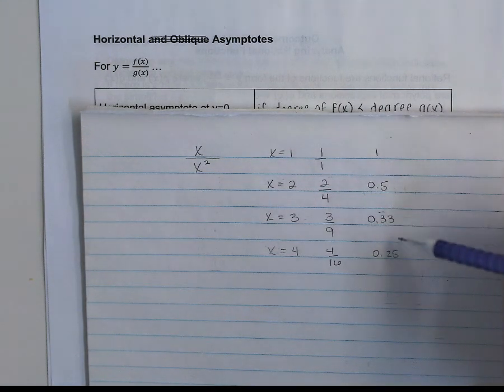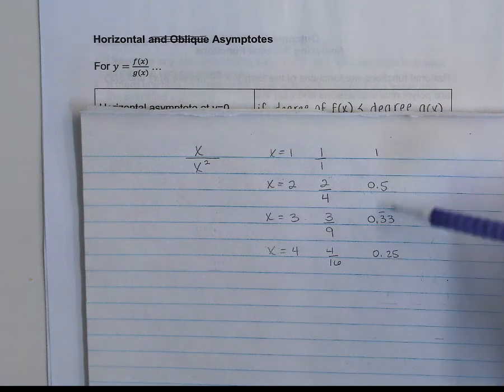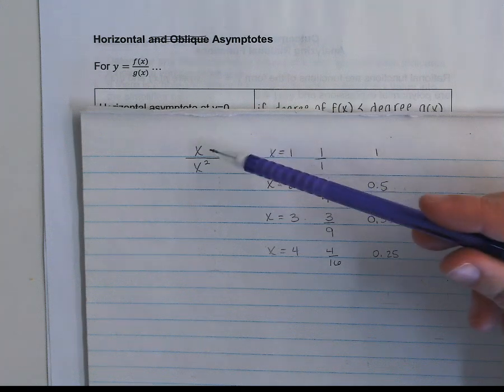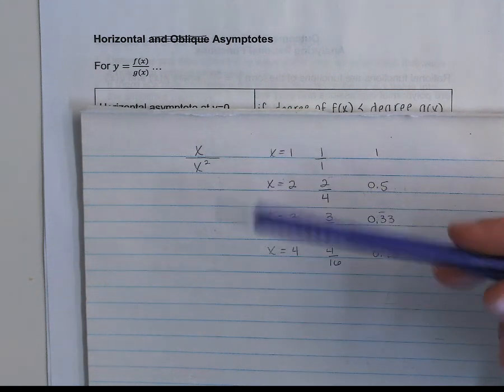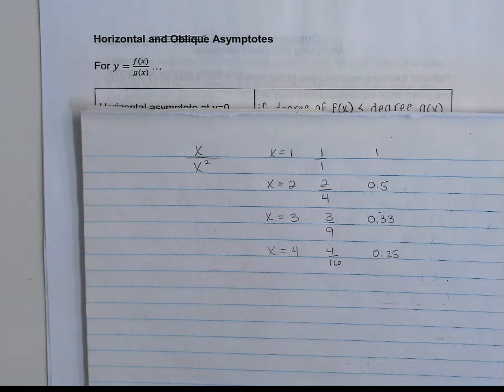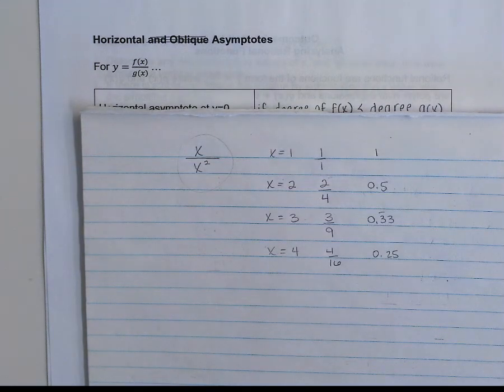You'll notice these values are getting smaller and smaller and smaller. As you continue to increase your x value, these decimals will continue getting smaller and smaller, because the difference between a number and that number squared, as that number increases, is going to get larger. So for this graph of x over x squared, as x increases, the y values are getting progressively smaller and are going to approach 0.